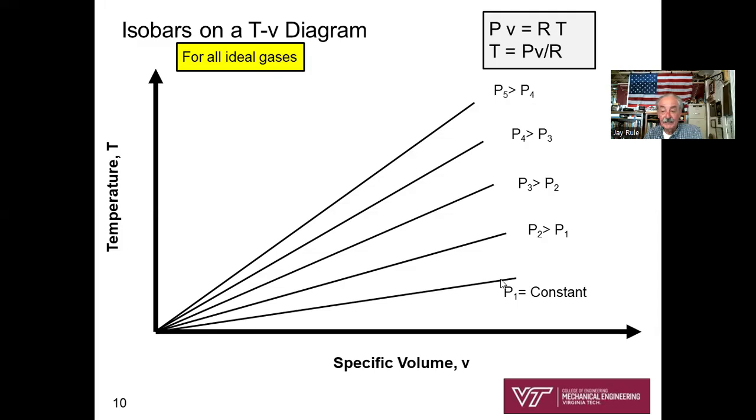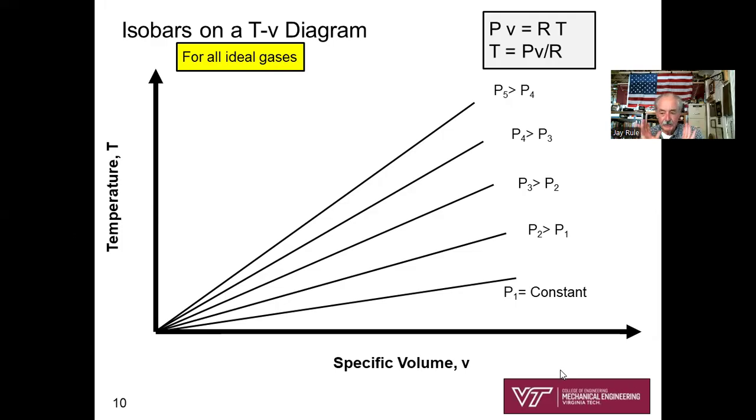So it's kind of easy to remember. So isobars on a TV diagram, lines of constant pressure for ideal gases, are simply a family of straight lines with pressure increasing, fanning out, all headed towards the origin. Okay. That's kind of another big conclusion.